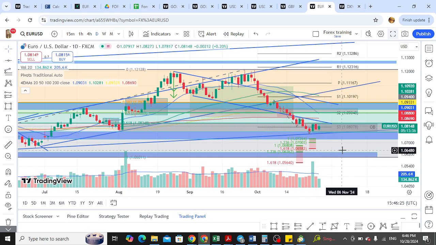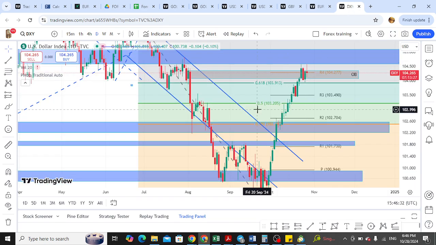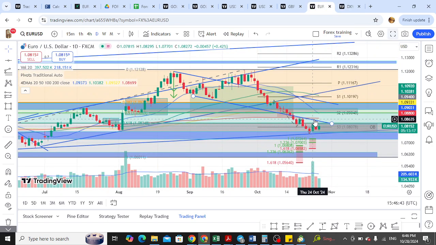So shall we wait for it to go up here and then move down? Then we're talking about a continuous downward trend, but that would mean that the dollar is getting stronger. From the index, I am expecting that the dollar is going to get weaker. If the dollar gets weaker, that means it's going up.